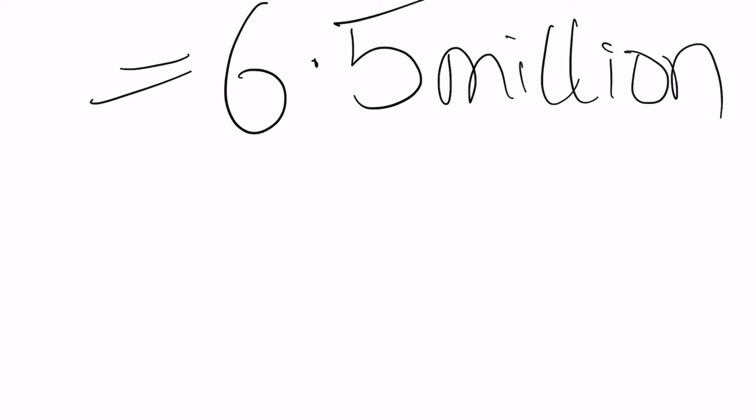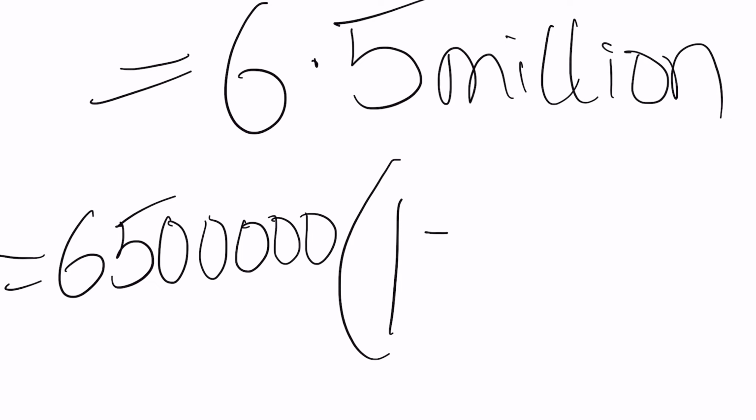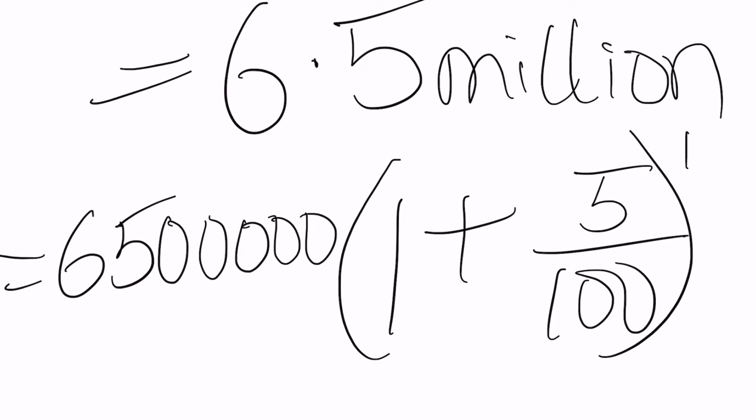So basically for 5% rate at 15-year interval, we now have it to be 6.5 million bracket 1 plus 5 over 100 all raised to the power of 15.